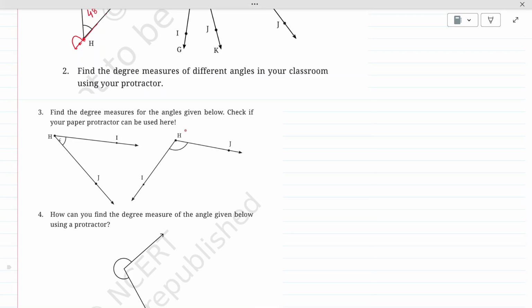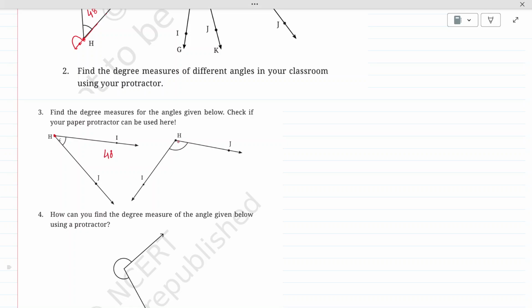Again, kids, we are going to put our protractor here, center of protractor in line with this arm, and then we have to measure this angle. We have to see at which degree the other arm coincides. If you see this angle here, it will come somewhere around 40 degrees.